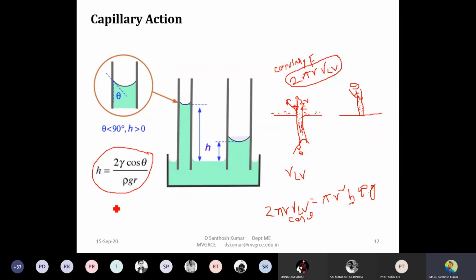So when the crack size is small, the depth is high, and the liquid easily rises more. If R is bigger, meaning the crack size is more, the liquid won't rise to a greater height. So this height is the deciding factor, and it always depends upon the crack size.